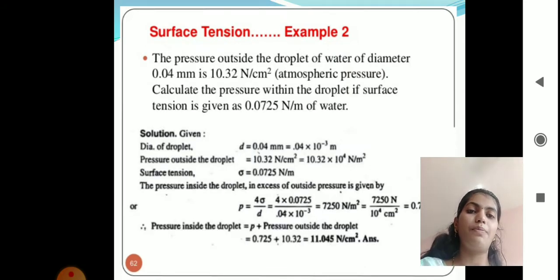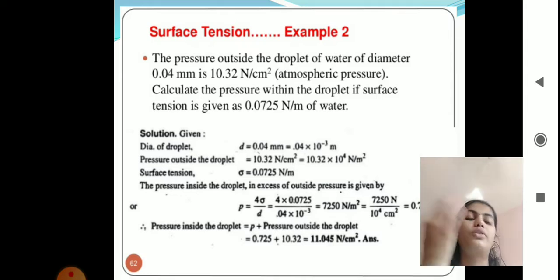Now the second example. The pressure outside a droplet of water of diameter 0.04 mm is 10.32 Newton per centimeter square, the atmospheric pressure. Calculate the pressure within the droplet.